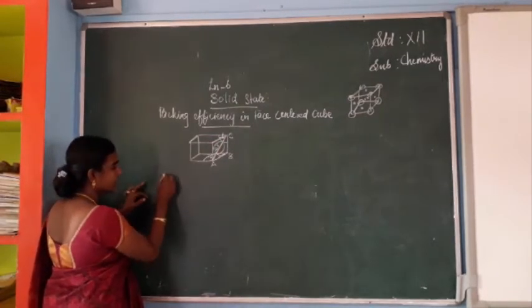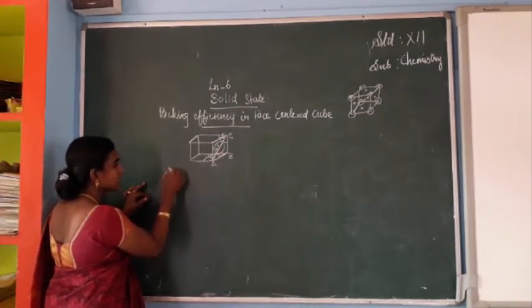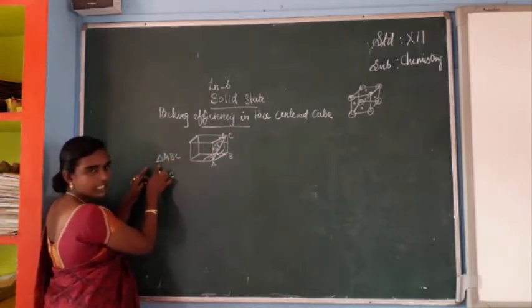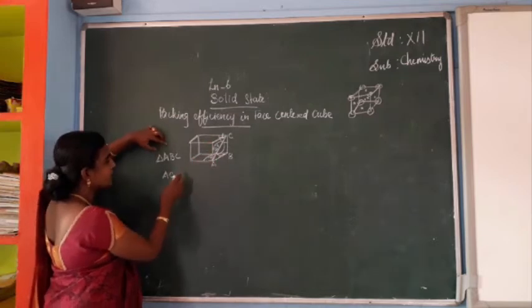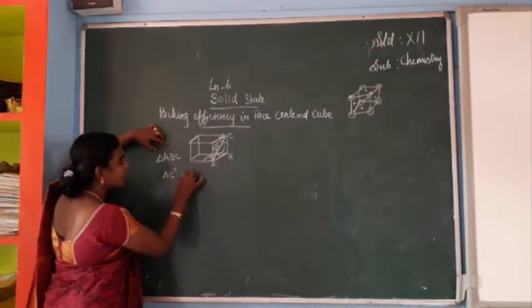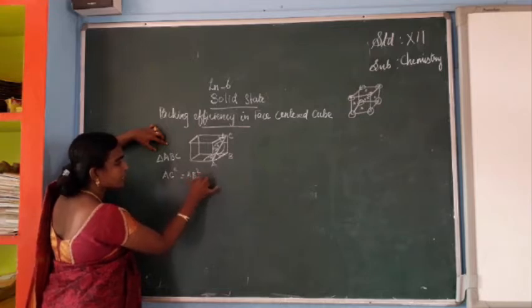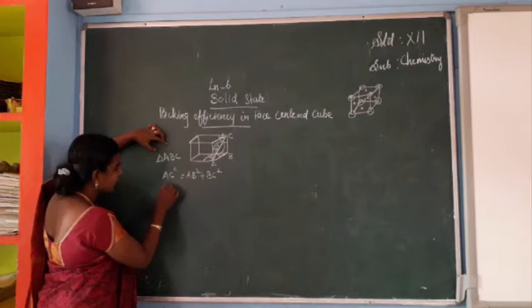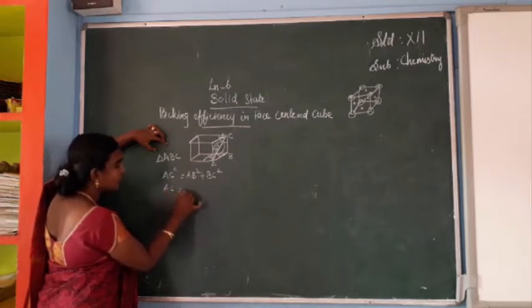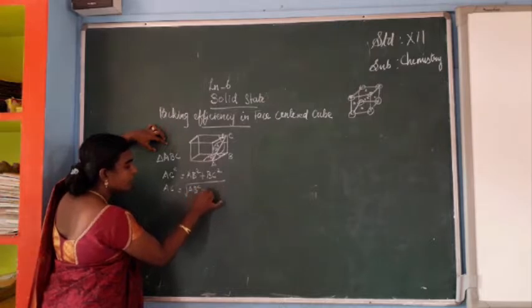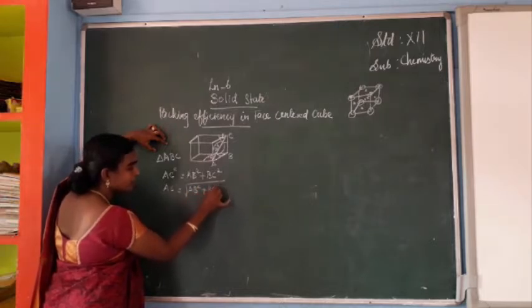According to Pythagoras theorem, in triangle ABC, AC square is equal to AB square plus BC square. Next, AC is equal to square root of AB square plus BC square.